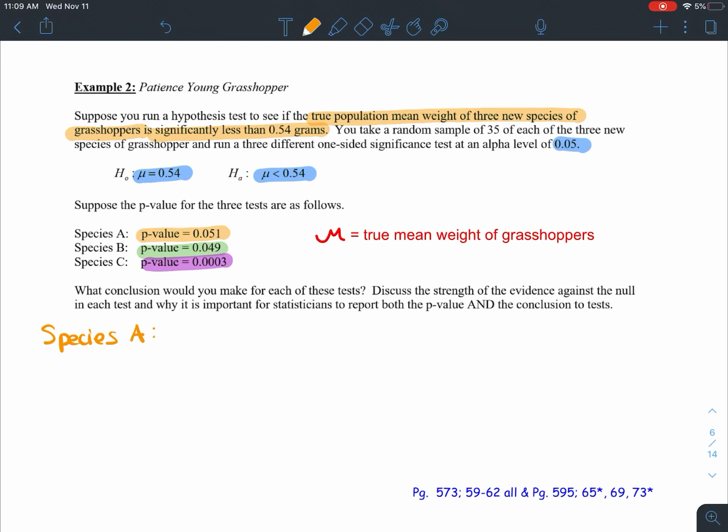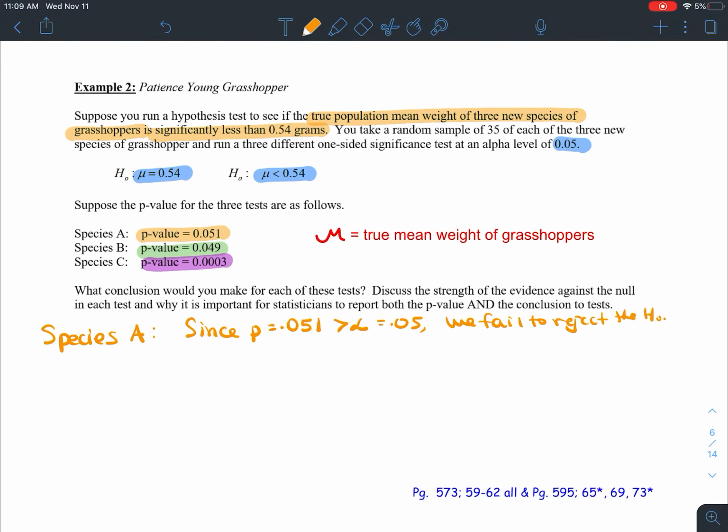For species A, we would say since the p-value of 0.051 is greater than the alpha level of 0.05, we fail to reject the null hypothesis.